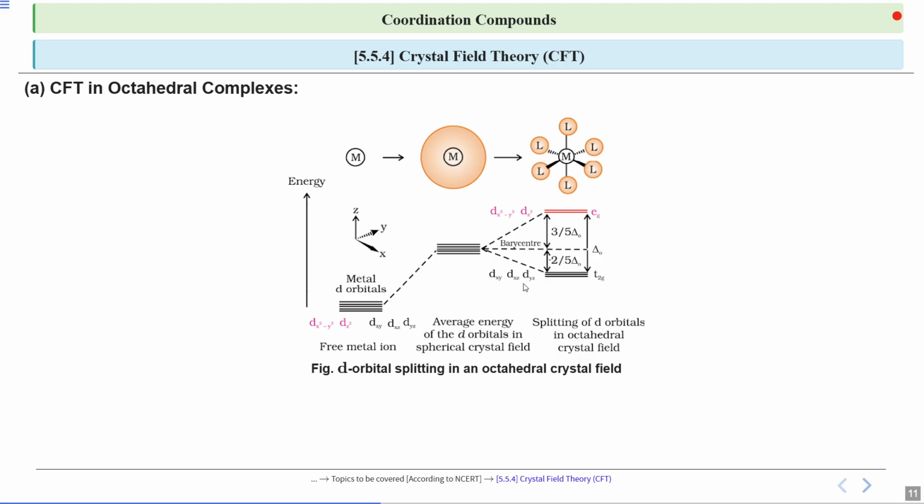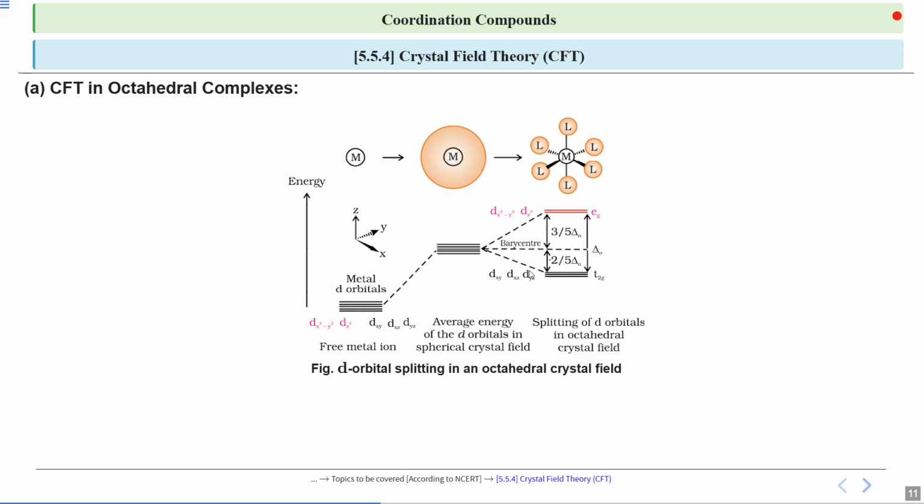And why do dxy, dxz, dyz have lower energy compared to EG? Because in these orbitals, the lobes of the metal are positioned between the Cartesian axes, but the ligand positions itself along the axes.